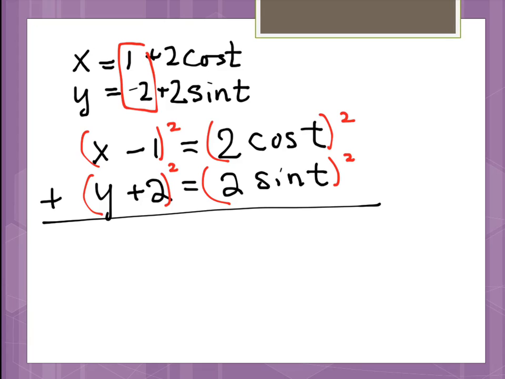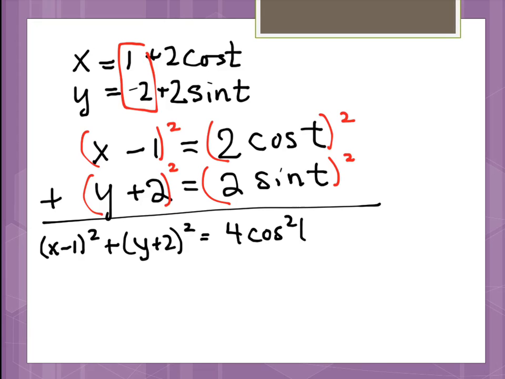So this sort of looks like a glorified arithmetic problem from like 2nd or 3rd grade, right? We're going to add the pieces on the left. So I'm going to have (x minus 1) squared plus (y plus 2) squared. And on the right, I'm going to have 4 cosine squared of t plus 4 sine squared of t.